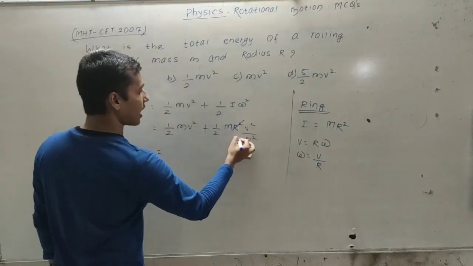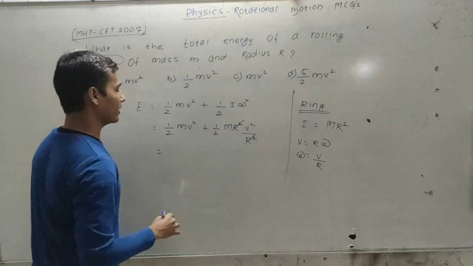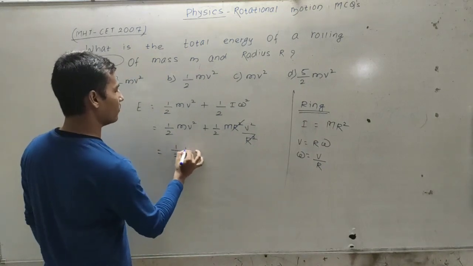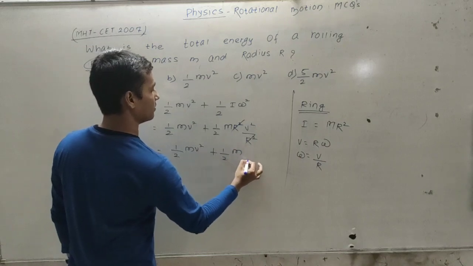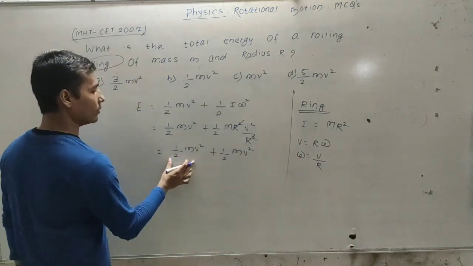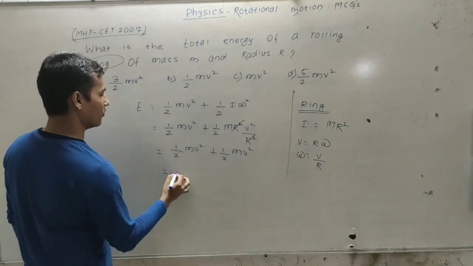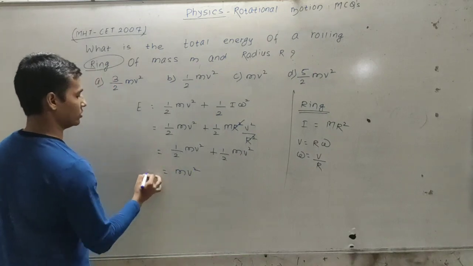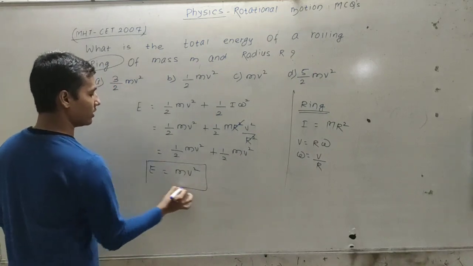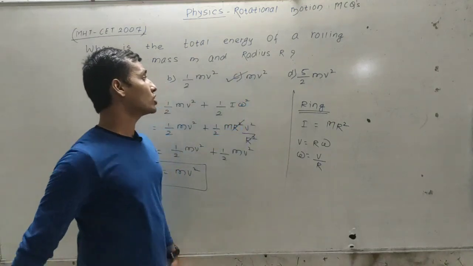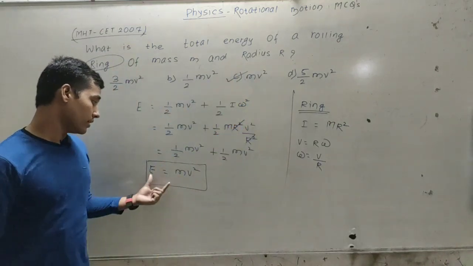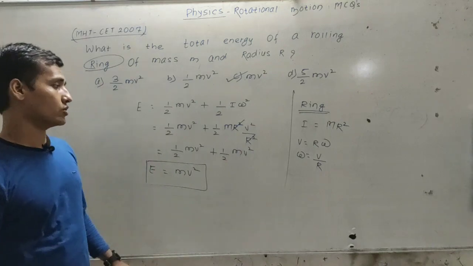So now this r square will get cancelled. Then we have half mv square plus half mv square, which will be mv square. So the total energy will be mv square. So our option number C is our answer. E is equal to mv square.